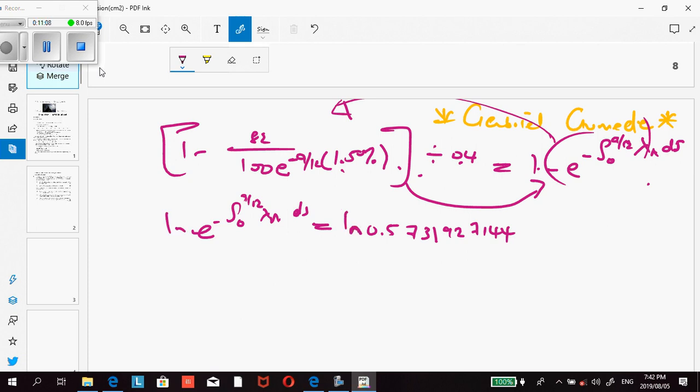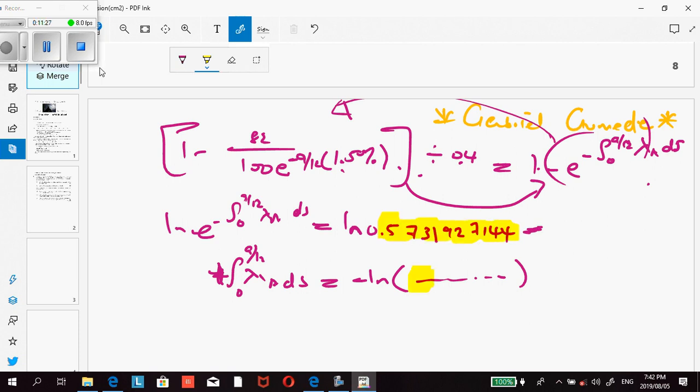I'm going to put a log on both sides so that I have minus the integral from 0 to 9 over 12 of lambda a ds being equal to, now I'm going to multiply it through so that I have minus this value here. Let me highlight it in yellow. This value here is the value you're going to put here.